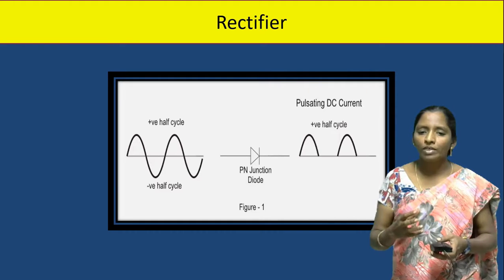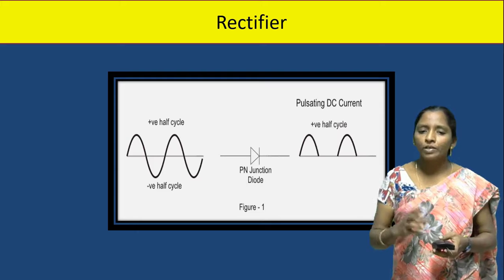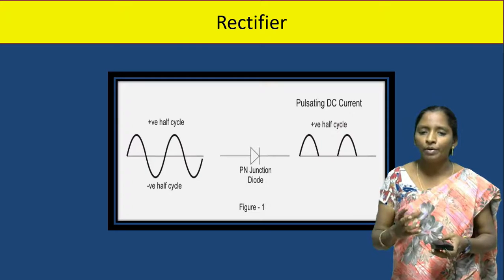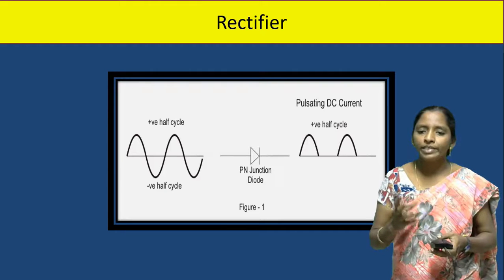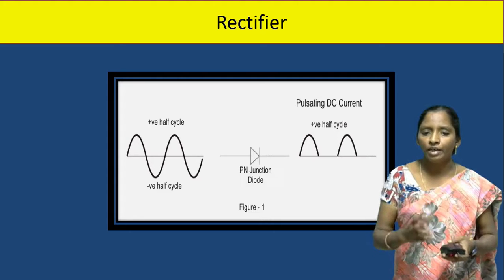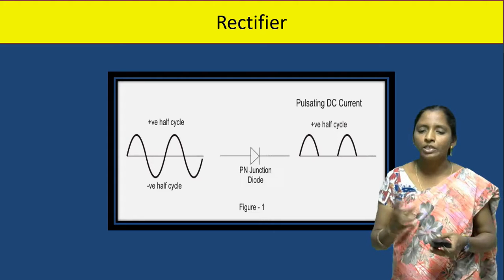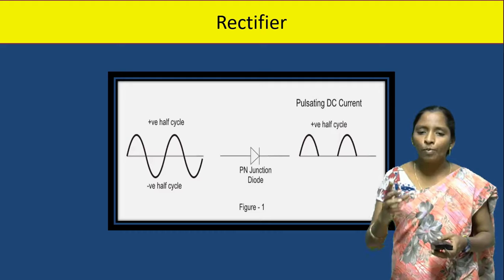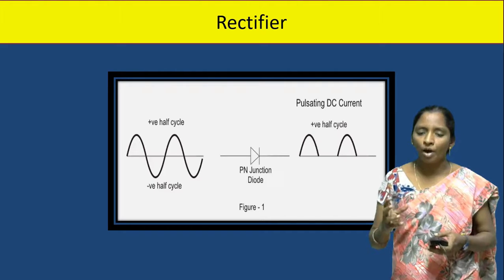During the positive half cycle, we are connecting the positive terminal to the P-type material and the negative terminal to the N-type material. At that time, the diode works as forward bias. If the diode is forward biased, it is in the on condition. Whatever input is present at the input reaches the output. So during the positive half cycle, we have the output.